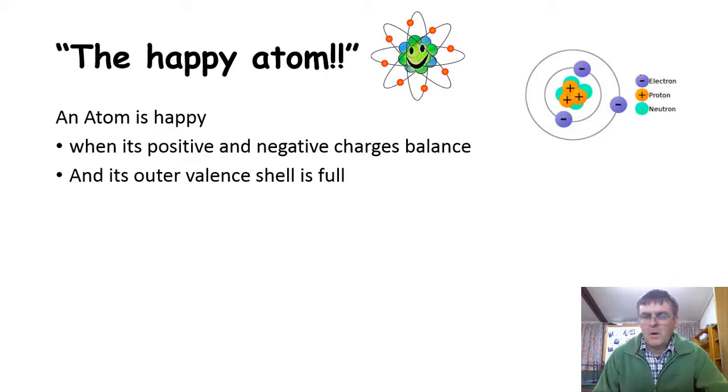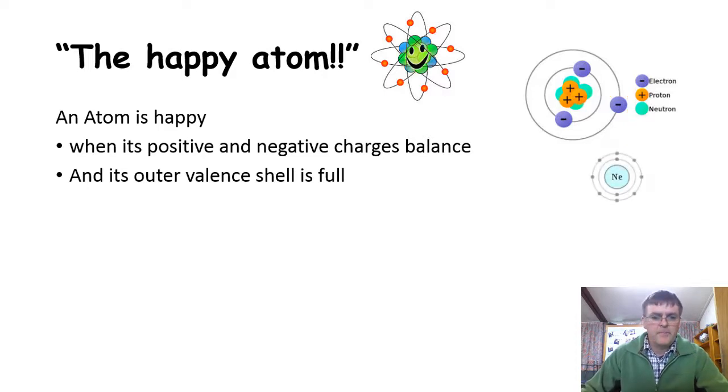If we look at our atom over here again, we've got 1 in the outside shell, we've got 2 in the inside shell. That works, so that shell's full, but the next layer out can actually hold up to 8. So this is not a happy atom because its outside shell is not full.